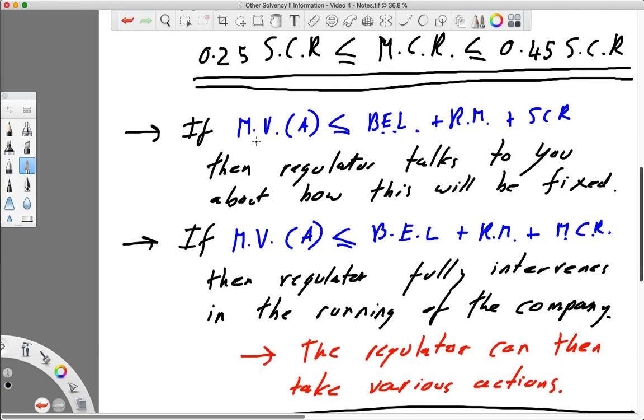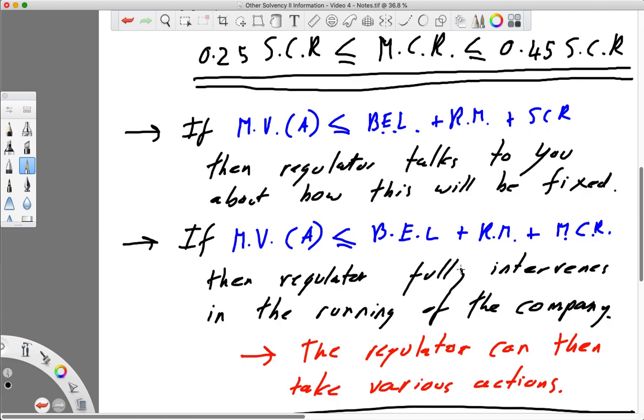So, if your assets fall so that you're getting close to BEL plus RM plus SCR, that's not great. And certainly if it falls just below, the regulator is going to start speaking to you. But if the value of the assets drops even further, so it ends up dropping below BEL plus risk margin plus minimum capital requirement, then the regulator fully intervenes.